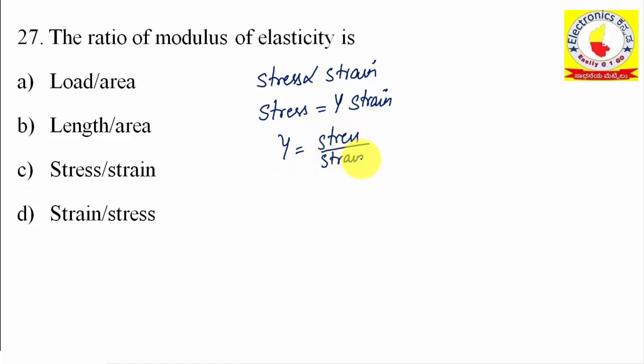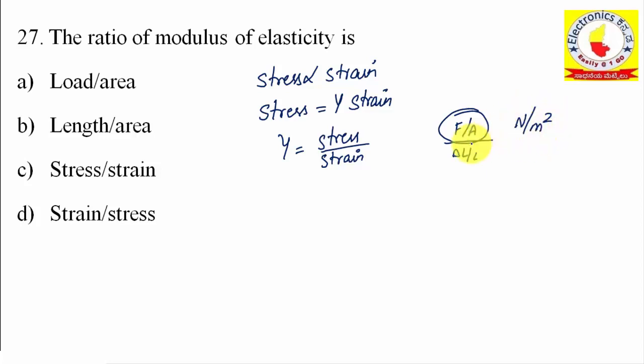What is the unit of stress, or how can you define stress? It is force acting per unit area. Strain is the ratio of elongation to its actual size, nothing but del L by L. This force per unit area I am going to write as newtons per meter square.